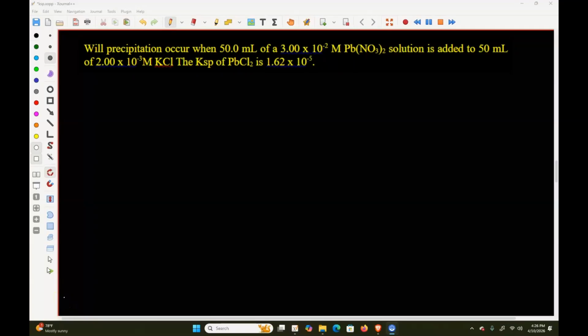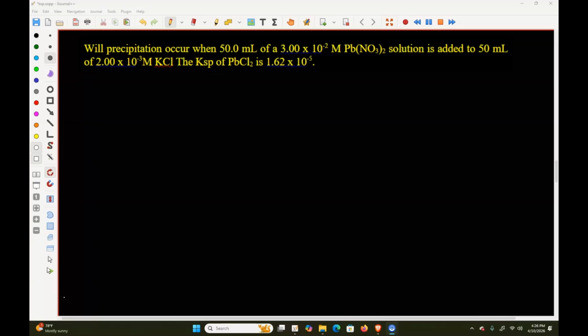Will precipitation occur when 50 milliliters of a 3.00 times 10 to the negative 2 molar lead-2 nitrate solution is added to 50 milliliters of a 2.00 times 10 to the negative 3 molar KCl solution? The Ksp for lead-2 chloride is 1.62 times 10 to the negative 5. I can pretty much guarantee you'll probably have a question like this on your test.